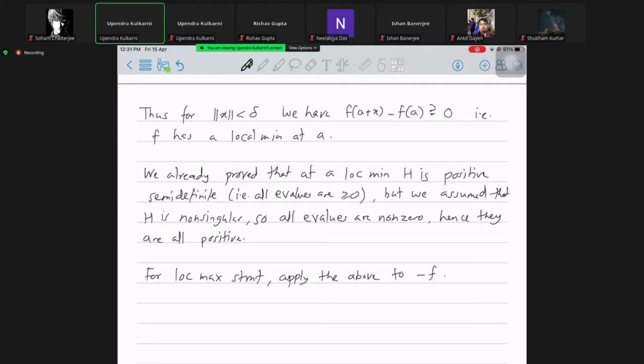Was this a mystery? Did it require serious proof, or was it something easy? That if I have a local minimum at a point A, then the Hessian has to be positive semi-definite. Why? Okay, so recall why.